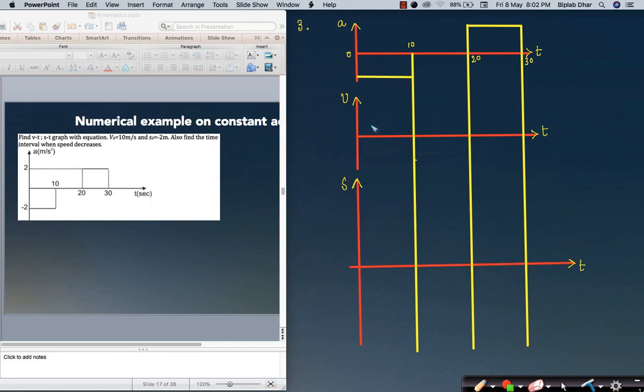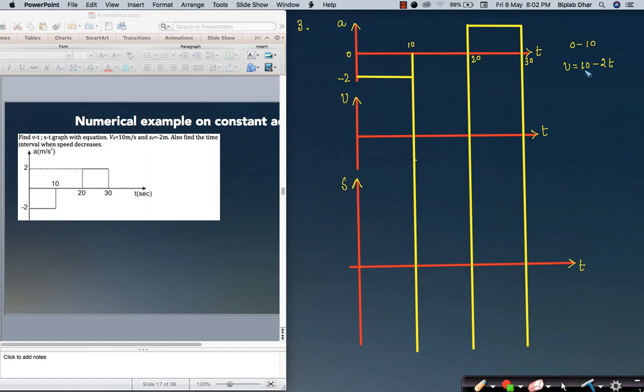From 0 to 10 seconds, what will be the equation for v? You can see the initial velocity is 10 meter per second and acceleration is minus 2 meter per second square. So from 0 to 10 seconds, the velocity function will be v equal to u plus at, that is 10 minus 2t. That is the equation of a straight line with y-intercept 10 and slope minus 2.